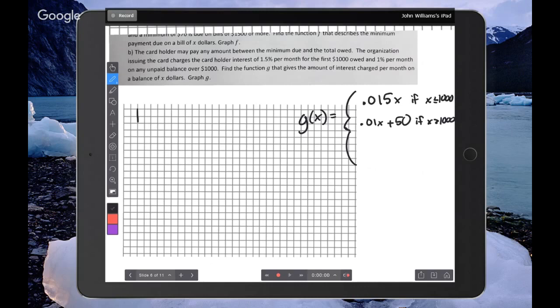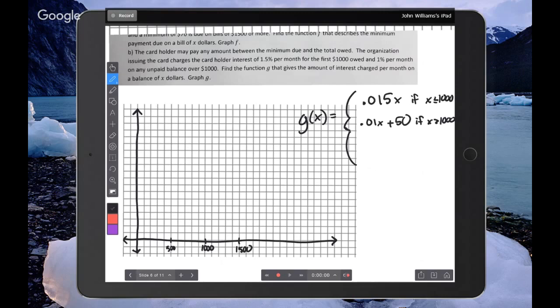So here's my y-axis and my x. And we got 1,000. So we go 1, 2, 3, 4, 5, and say there's 500. 6, 7, 8, 9. There's 1,000. There's 1,500. And then we're going to need to get up to 150.